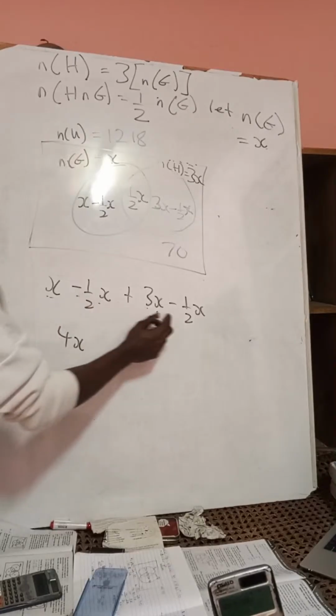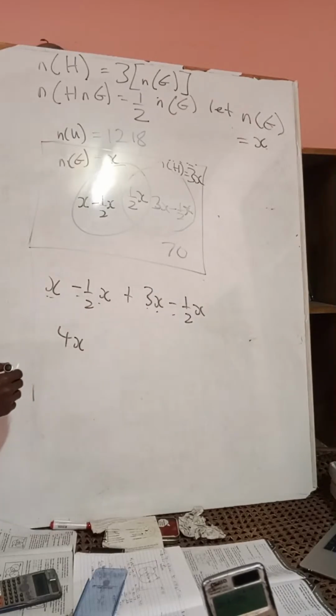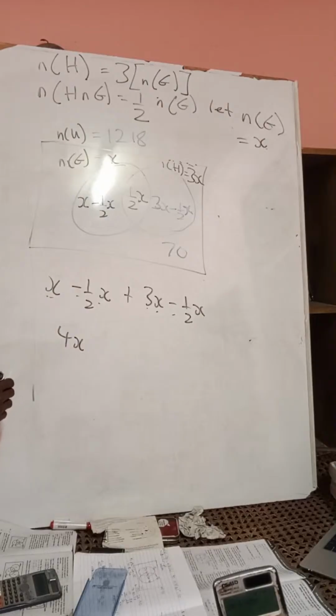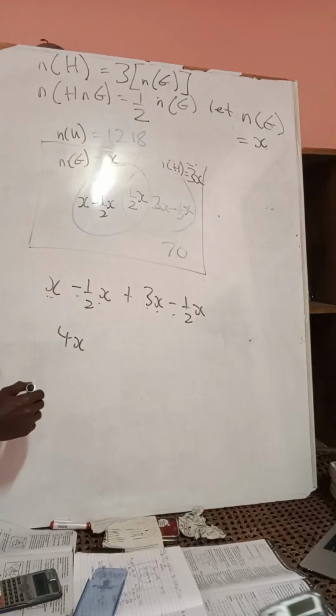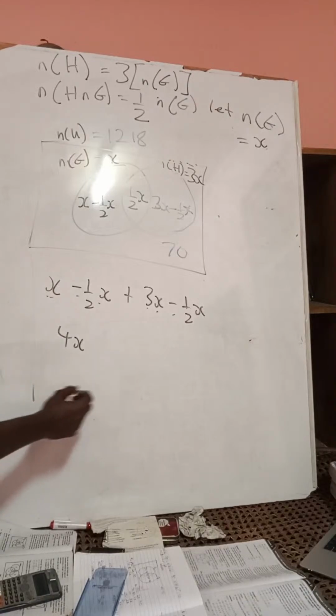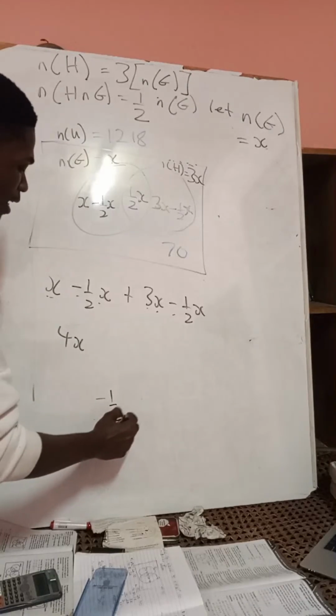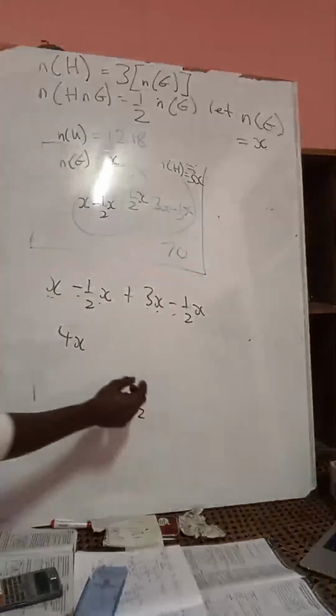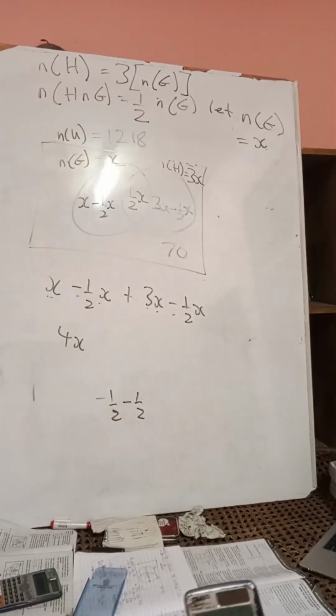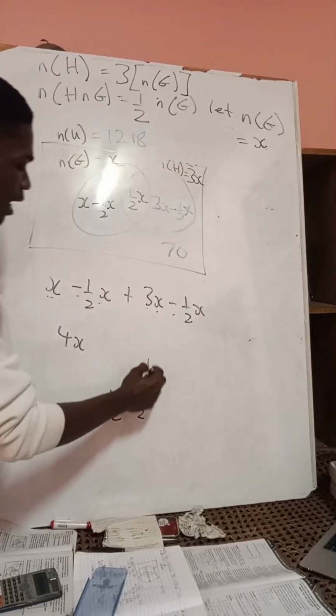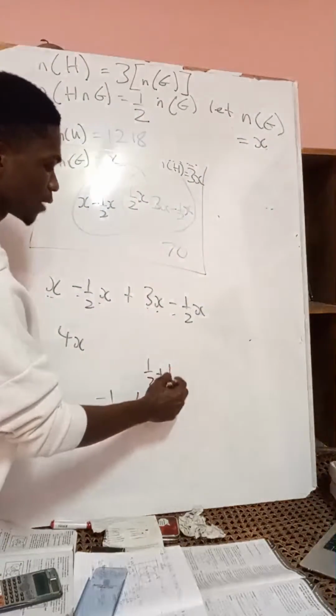Then half x minus half x is, so it's like minus half. Minus half is the same as half plus half. What is half plus half?